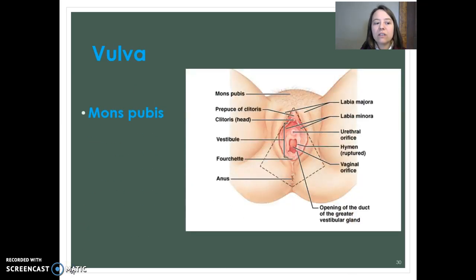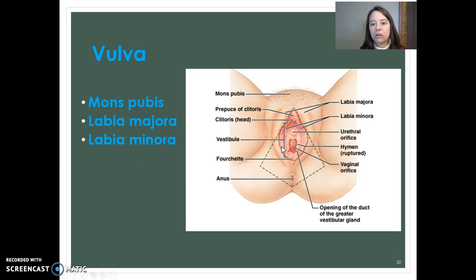So the vulva, the mons pubis, is the fatty pad covered in hair up here over the pubic symphysis. The labia majora, these are the skin folds. They are thicker than the labia minora, and they are covered with hair. And then the labia minora are the internal or more internal skin folds and are not covered in hair.